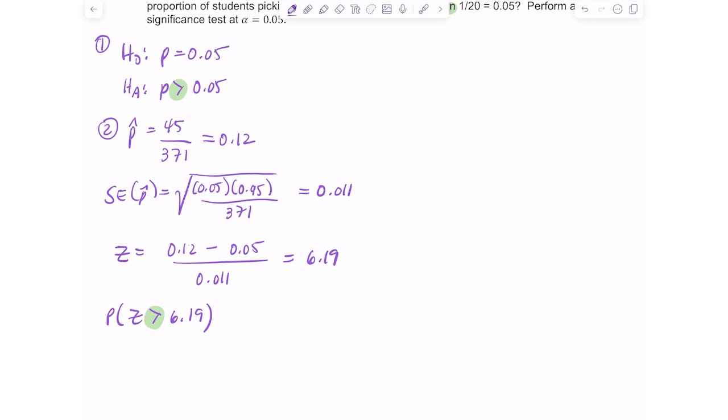Okay, so to do that, I need to sketch my model, and I know that the mean is going to go in the middle, and then of course you would add 0.011 and subtract 0.011. But we know we're going to be 6 standard deviations to the right. So we're going to be all the way down the curve.